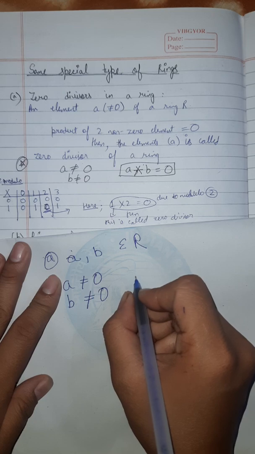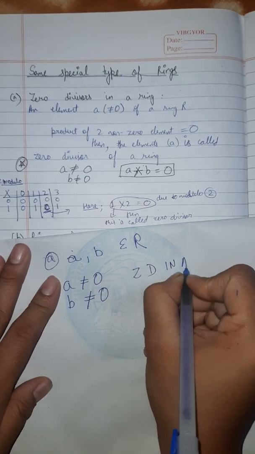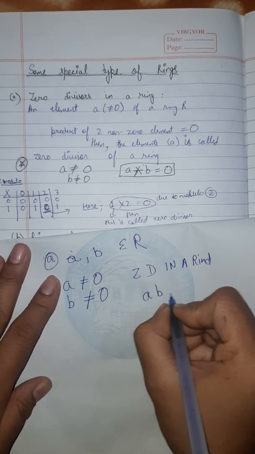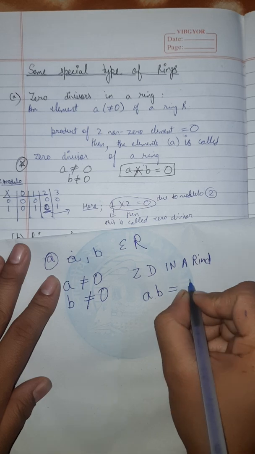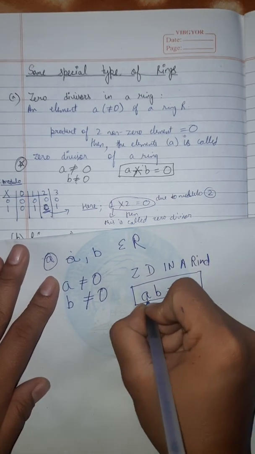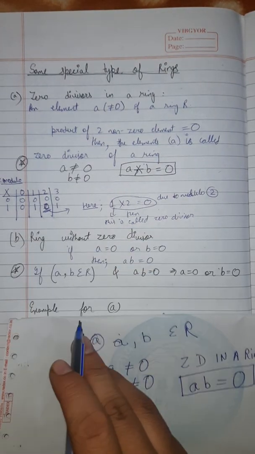But to be a zero divisor in a ring, the product of these two non-zero elements must equal 0. So if this condition is satisfied, then we can say that it is a zero divisor in a ring.